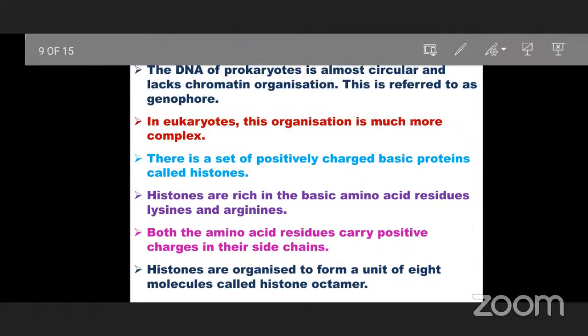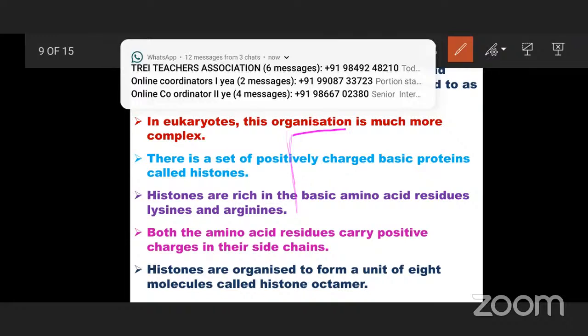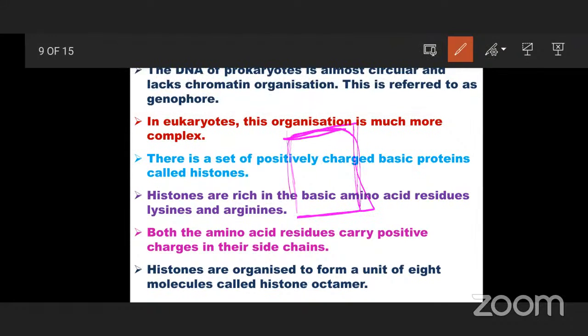Eukaryotes means the nucleus is surrounded by a well-developed nuclear membrane, so it is the plant cell or animal cell. First we take the plant cell. The middle portion of the cell is occupied by the nucleus, and this is the nuclear membrane. Inside the nucleus, DNA is present.